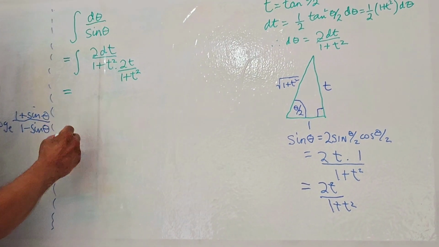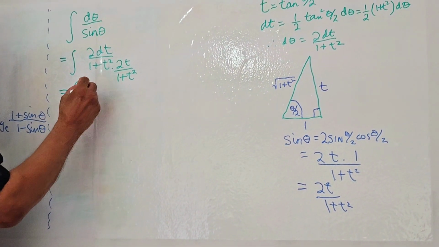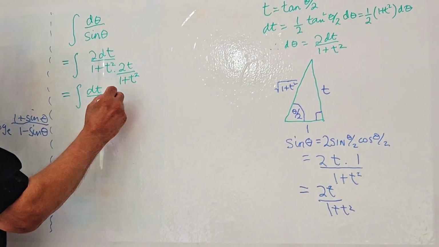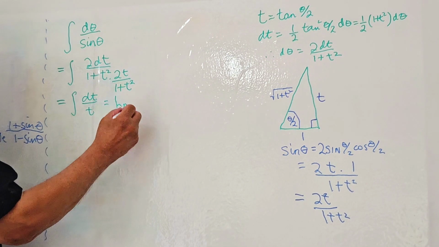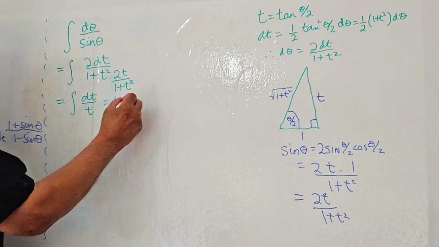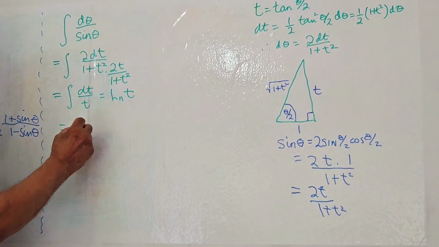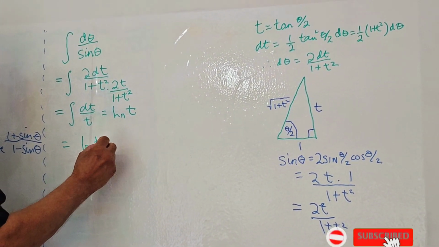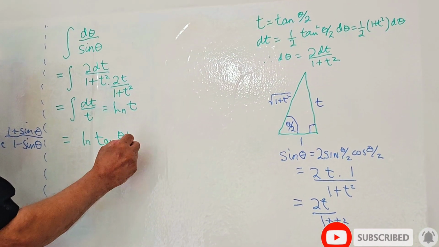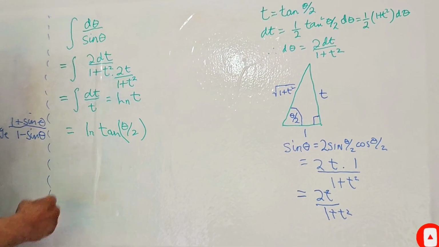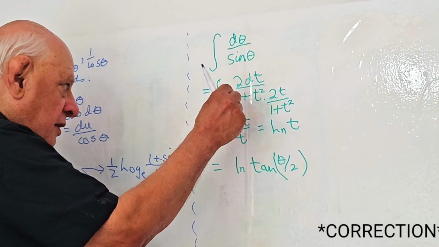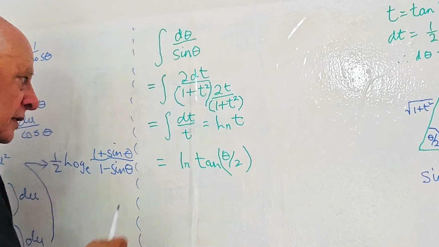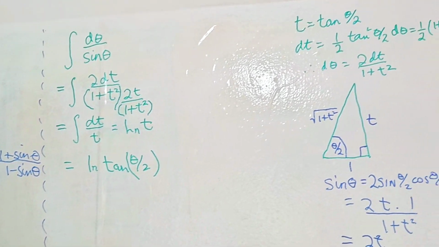And so do the 2's. That just leaves us with dt over t, which is log of t, which is log of tan theta upon 2. And that completes it. This expression here should be in brackets, so that there's no confusion. All right, I think that should be okay.